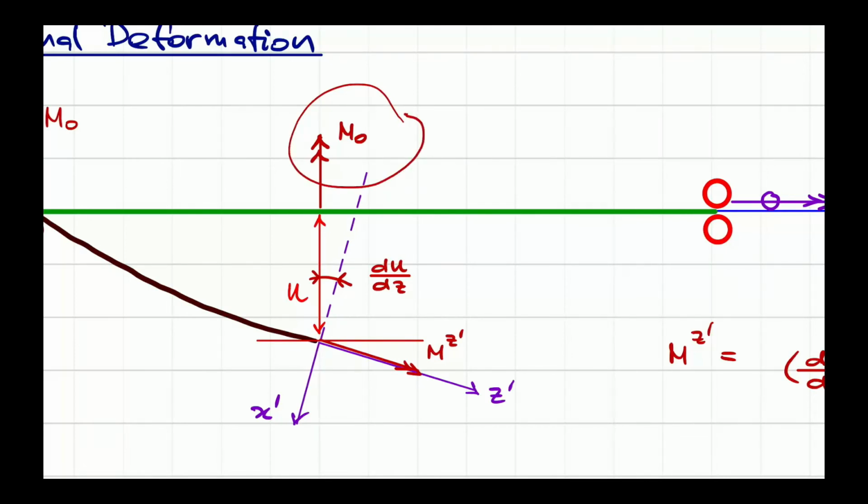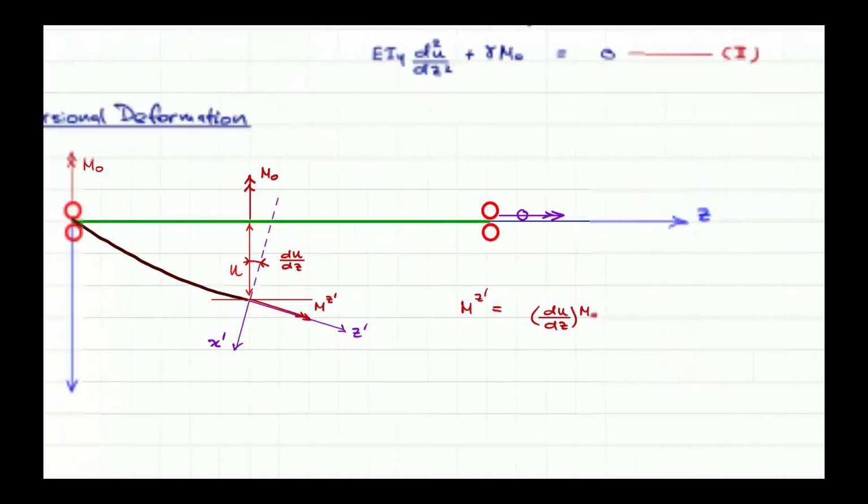But now this component in the z direction is pointing to the opposite side, to the M naught. So when you take the component of the M naught into the z prime direction, you're going to have to put the minus sign in there. Okay, so this minus sign drops in over here.